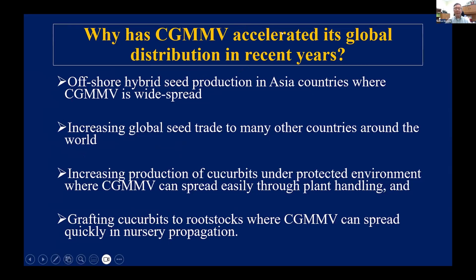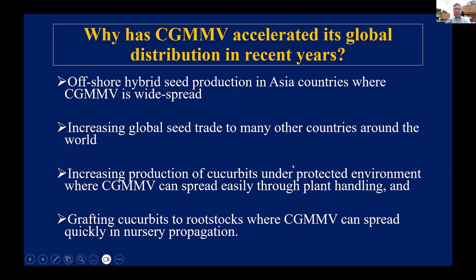So why is CGMMV accelerating its global distribution in recent years? Oftentimes it's offshore hybrid seed production in Asian countries where CGMMV is widespread, and increasing global seed trade to many other countries around the world can help spread it to other regions.